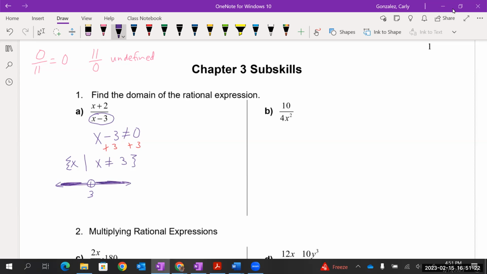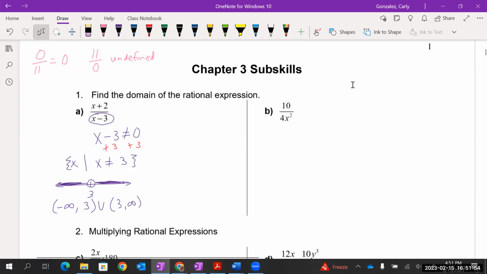And so we end up having 2 intervals here. One on the left will go from negative infinity to 3 using a parenthesis so that we do not include the 3. And then we'll pick up again and go from 3 to infinity. And notice parentheses on both of the intervals because we want to make sure that 3 is not included.